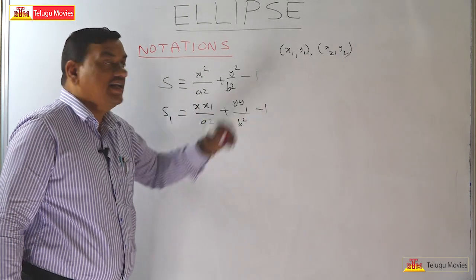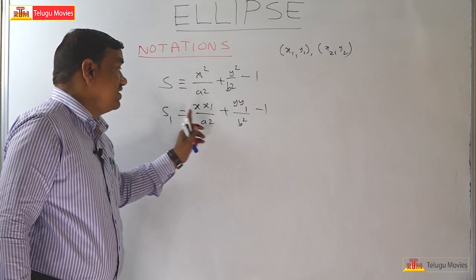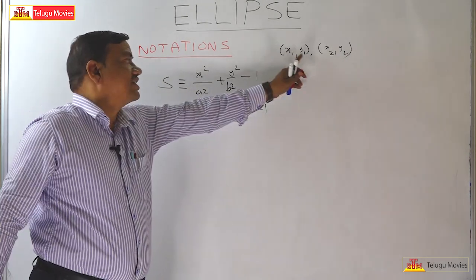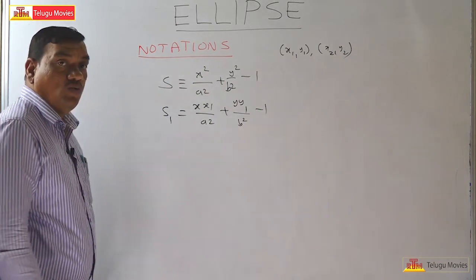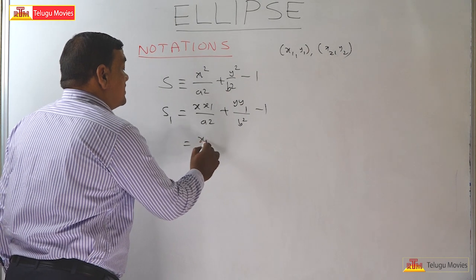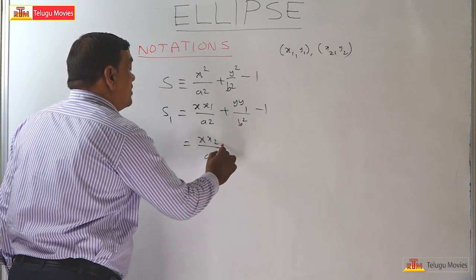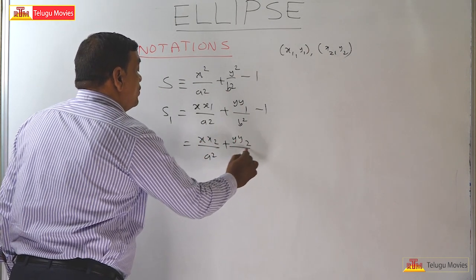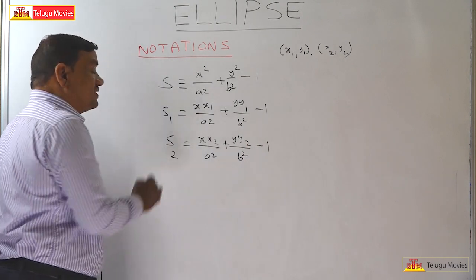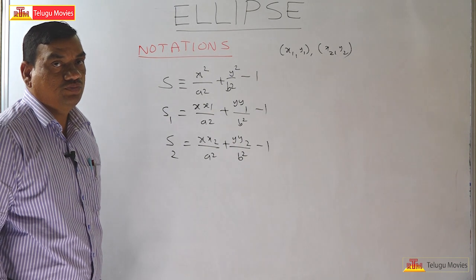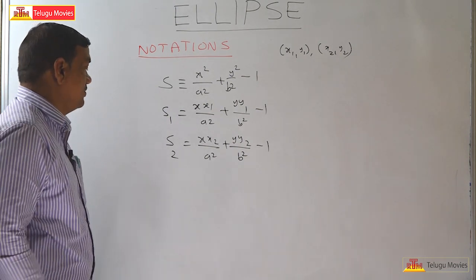This is a second degree expression, and here x1, y1 is a point, so we will substitute it. Now the algebraic expression x2 square by a square plus y2 square by b square minus 1 is denoted by the symbol S2.